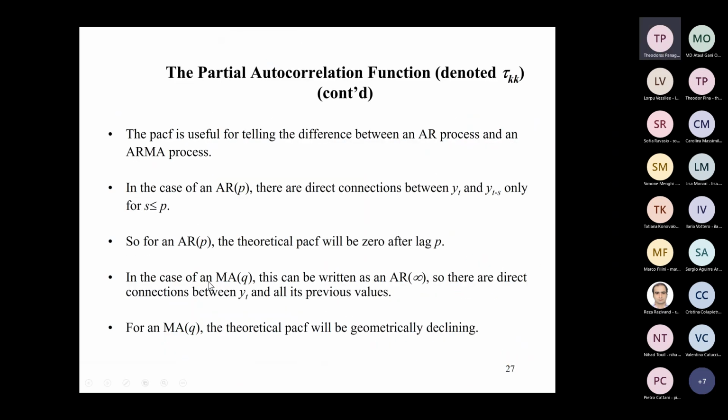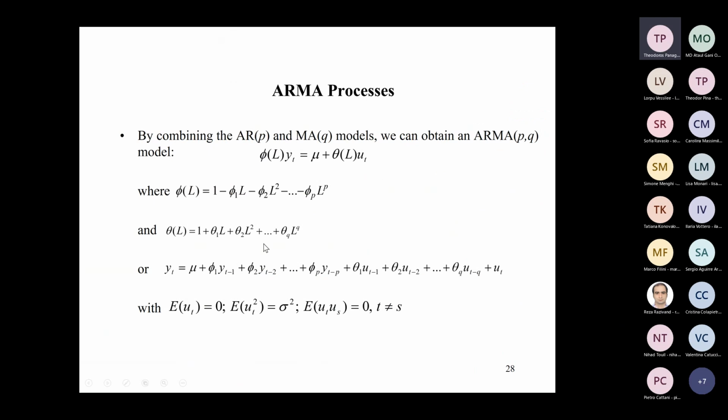Okay, so we've done the partial autocorrelation function, and the last thing we have to do for today is to do the mixed ARMA models. ARMA models have two constituents, the autoregressive component and the moving average component.